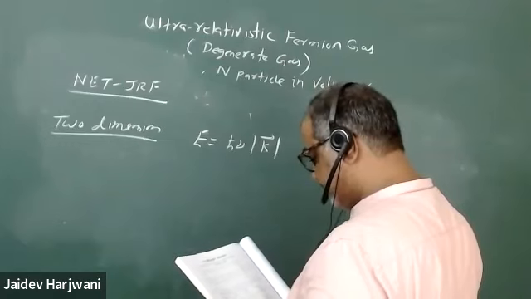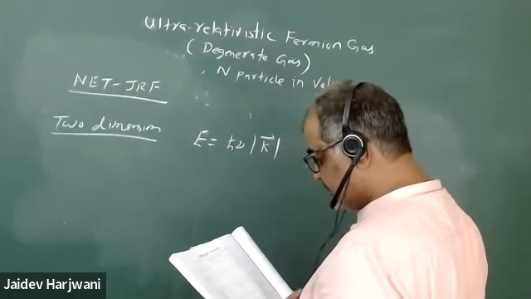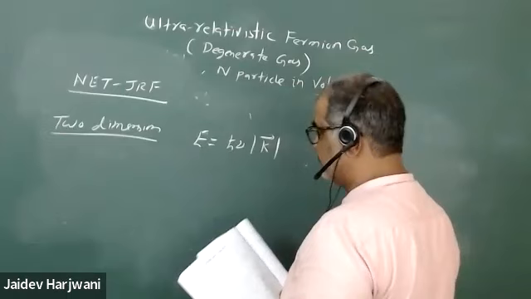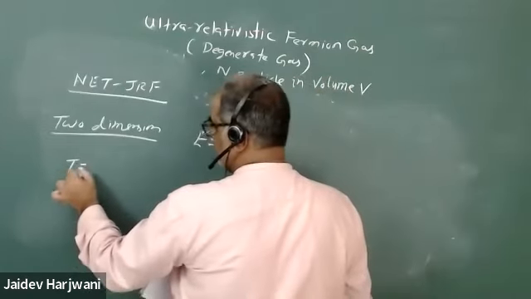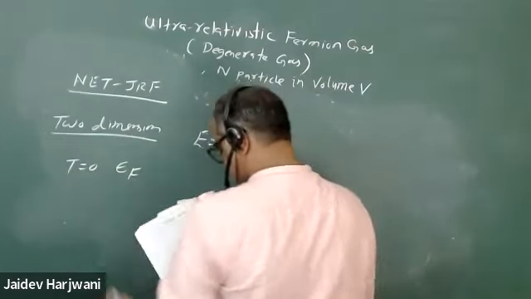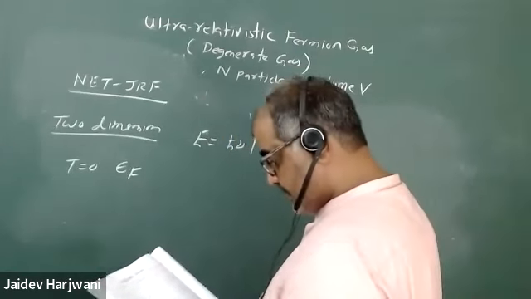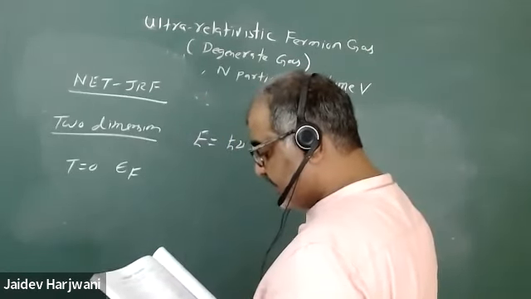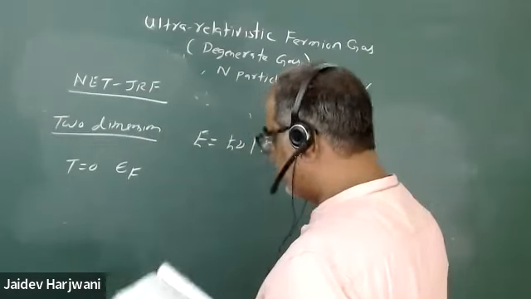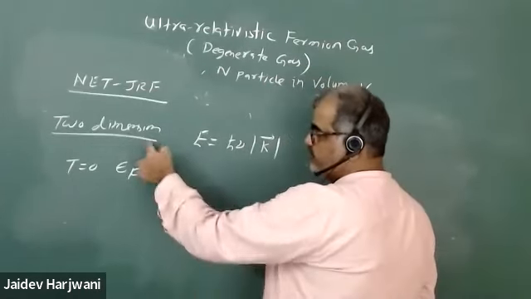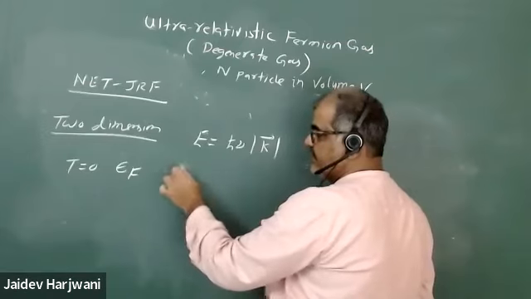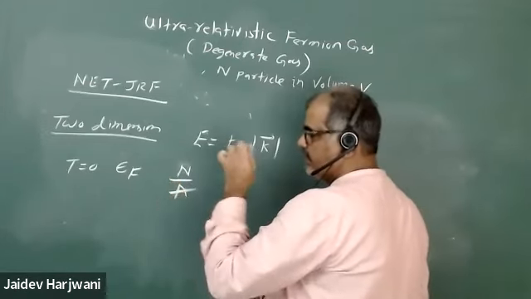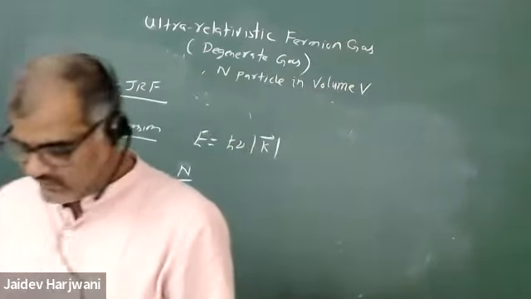If the Fermi energy at 0 temperature is EF, so now at T equal to 0 they are giving the Fermi energy, and they are asking the number of particles per unit area, which is 2 dimensions. So basically they are asking N by A. This is a very straightforward question.